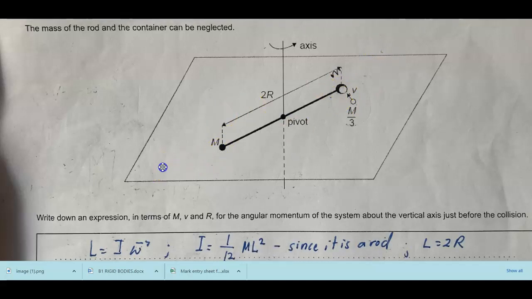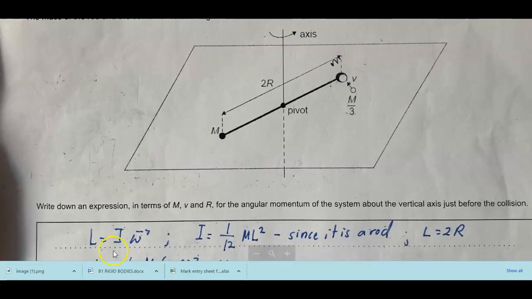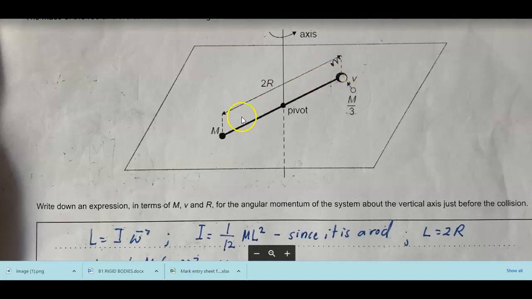Now we know that angular momentum is denoted by L is equal to I omega, where I is your moment of inertia, and omega is known as the angular speed. Now, since this is a horizontal rigid bar, we will be using its moment of inertia as 1 over 12 ml squared, because initially there is no collision.